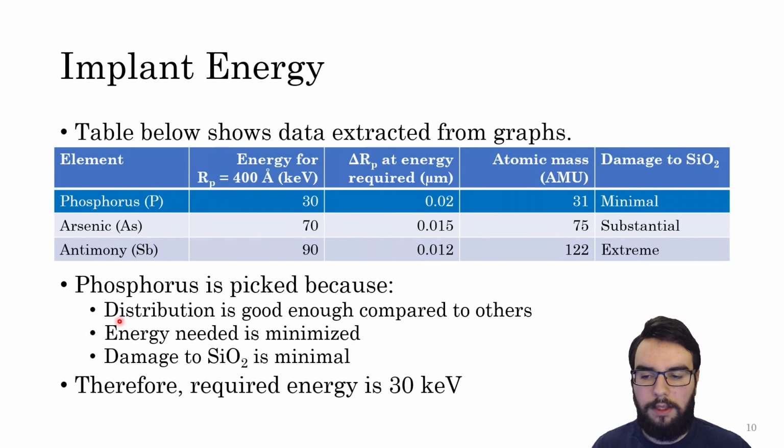We also know that the energy is minimized for phosphorus compared to the other ones, so we'll actually be using less power and saving money for the fab facility, and as well as the damage to the silicon dioxide is minimal because we are using the smallest ion out of the 3. Also, the implant energy will be 30 kiloelectron volts because we actually chose phosphorus. So we hit 2 birds with one large stone here.